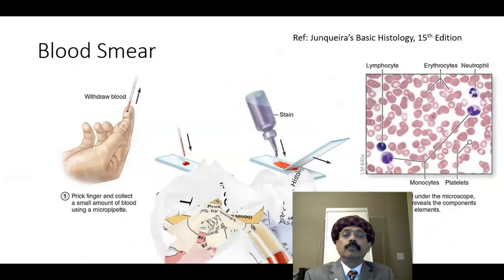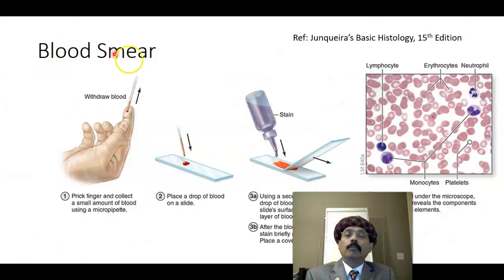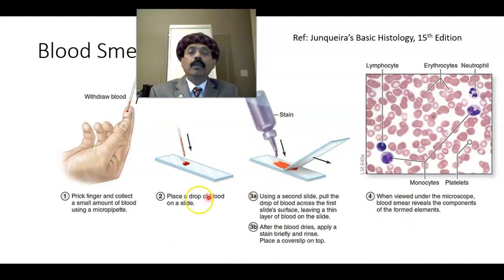Okay, so we got the blood smear here, and this is the way to produce the blood smear. The blood will follow the slide. This is where we make the blood smear, and then we stain it and put a cover slip, and then we look at the blood smear.